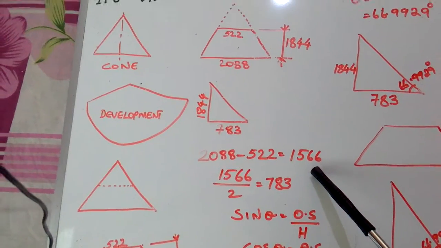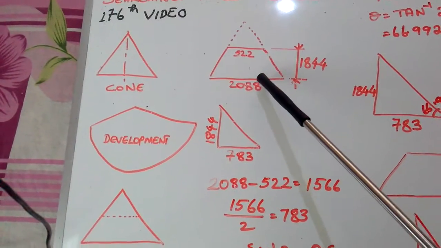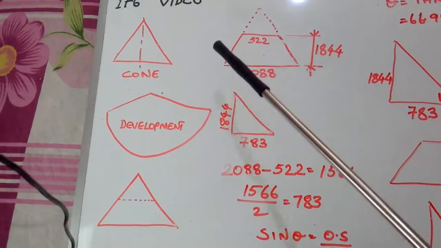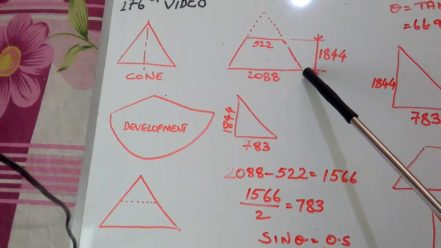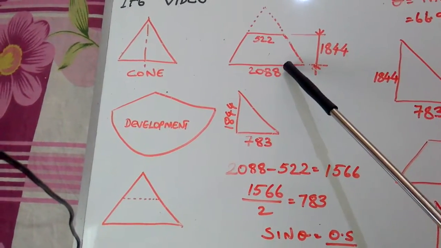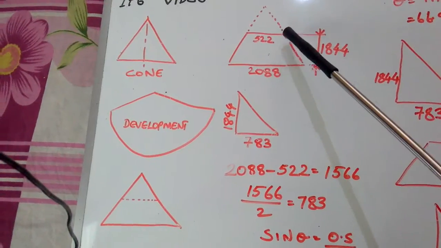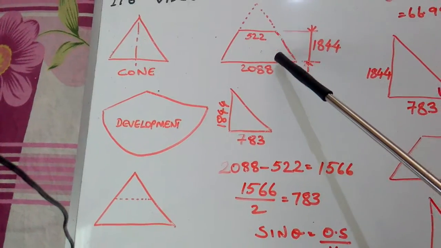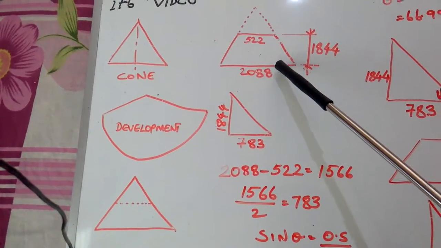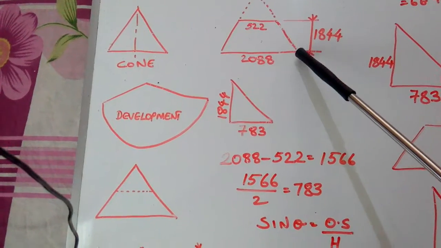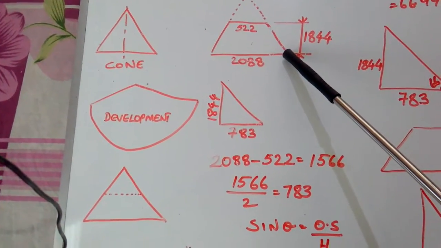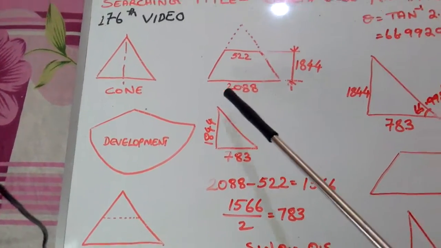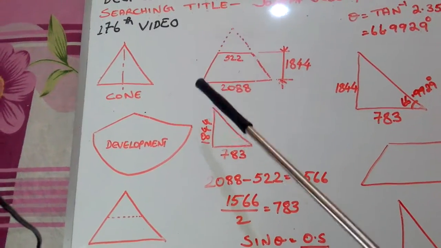This 1566 is the measurement from approximately here to here plus here to here. This here to here means this portion, this point is where it ends if we draw a perpendicular line from this corner to the downside. Wherever it reaches, from this point to this point, one measurement is there. That measurement will be the same in this portion also, because it is a concentric cone.